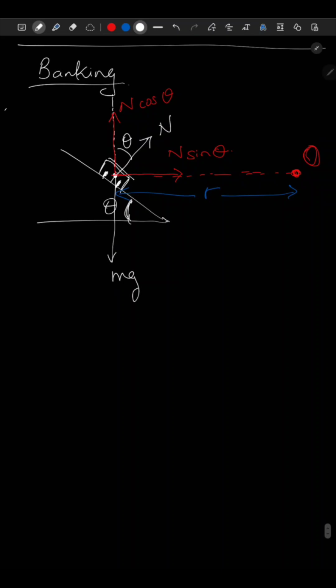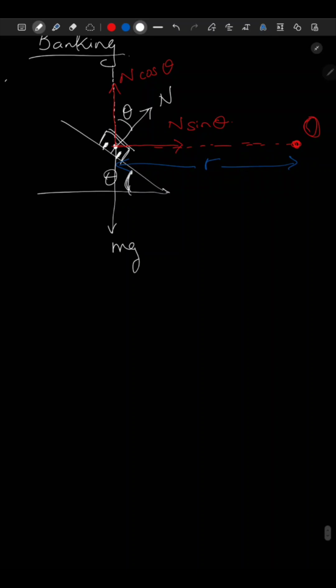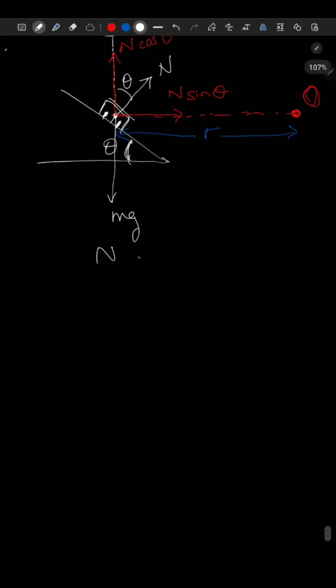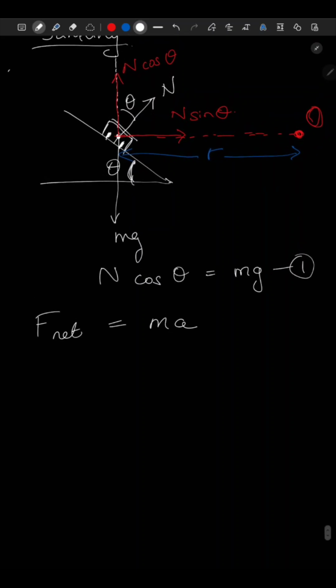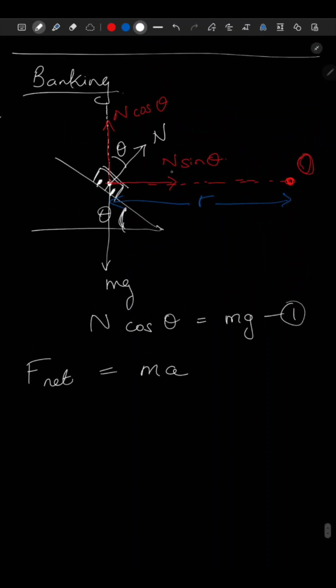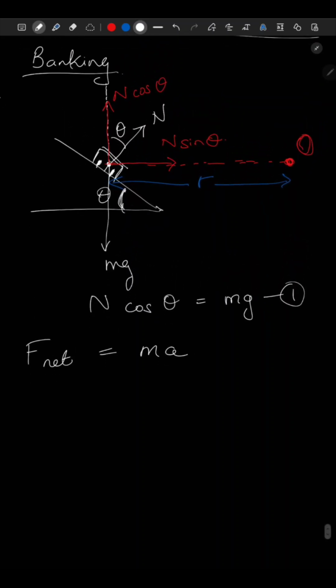Now you can see that the balanced forces are mg and N cos theta. So we can write N cos theta equals the weight, mg. This is the first equation. Using Newton's second law, the net force is ma, and the centripetal force is in the direction of N sine theta.